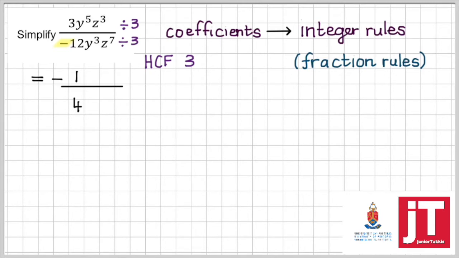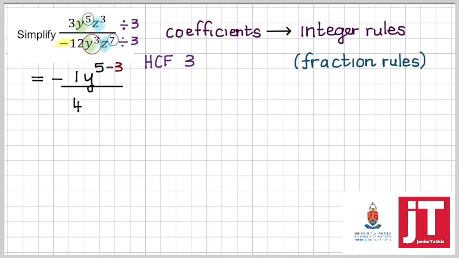The first type of base that we see is y, with y to the power of 5 having the bigger exponent. So we would like to move y to the power of 3 up into the numerator, and we then subtract the exponents. So we have y to the power of 5 minus 3. We then have the next base being z, with z to the power of 7 having the larger exponent.